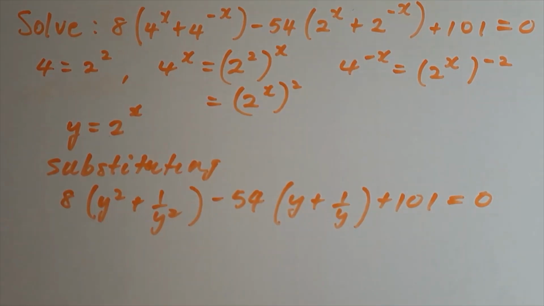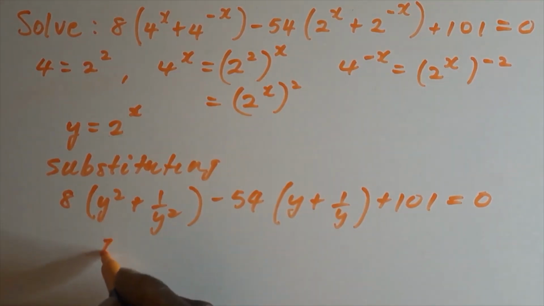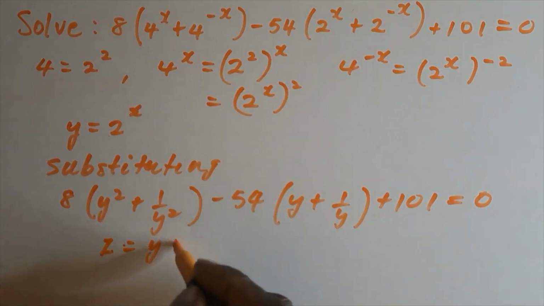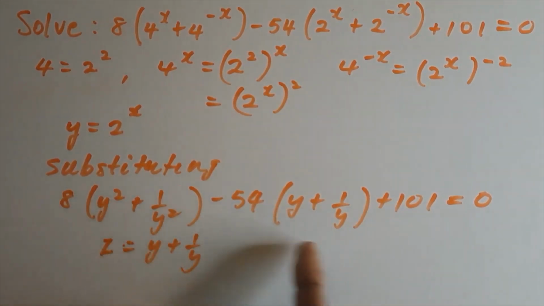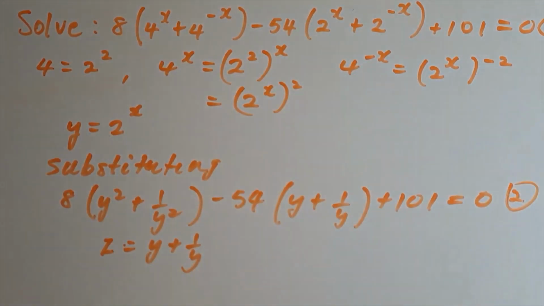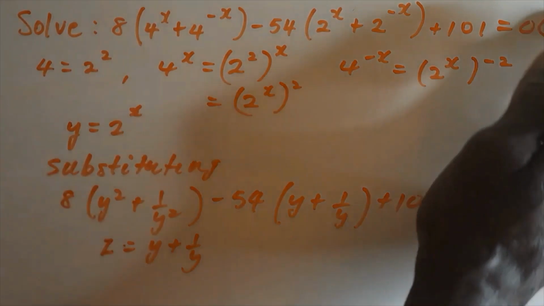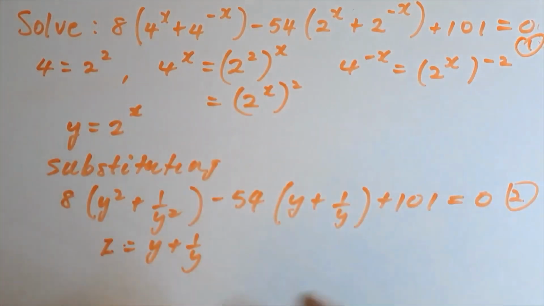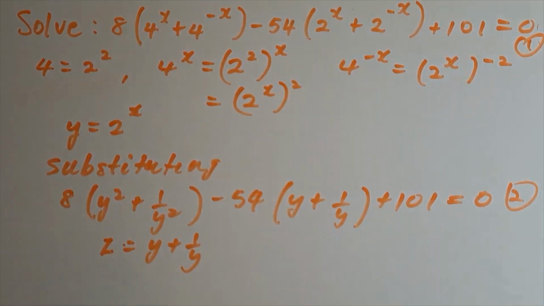But further to this, in order to simplify this, we can make another substitution. We can let z equal y add 1 over y. So we can simplify our second equation. So this is the original, and we have here in y, and now we have a substitution with z.